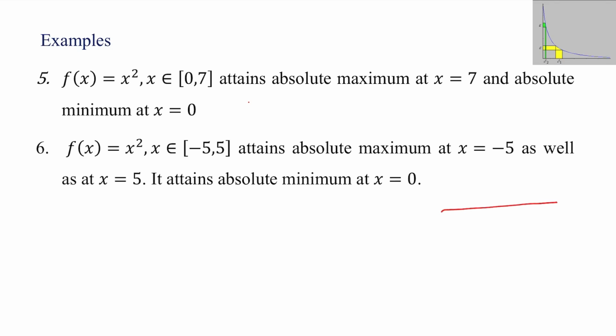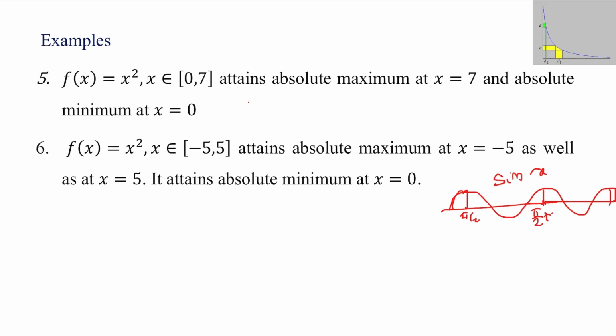For example, consider the sine function. We know that the graph of sine function is like this, and it attains a maximum at pi by 2, then pi by 2 plus 2 pi means 5 pi by 2, or pi by 2 plus 4 pi. At all these points the function sin x attains its maximum value 1.